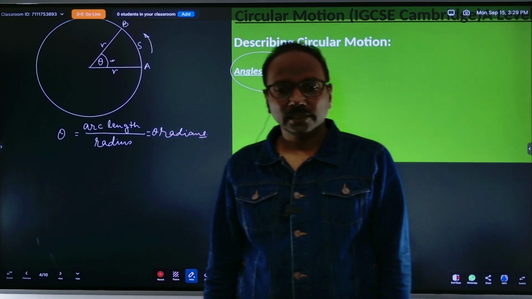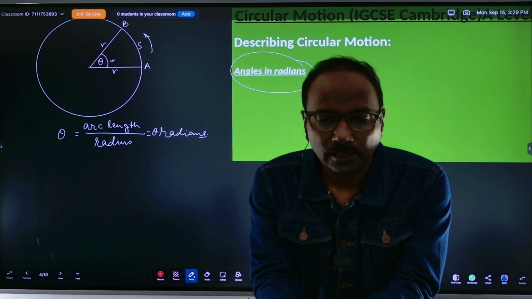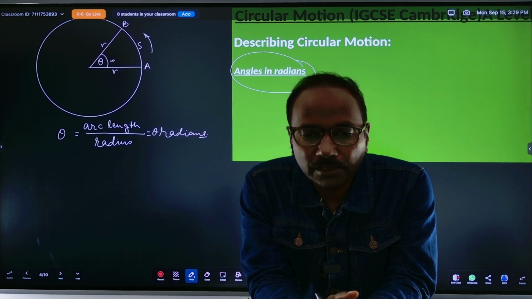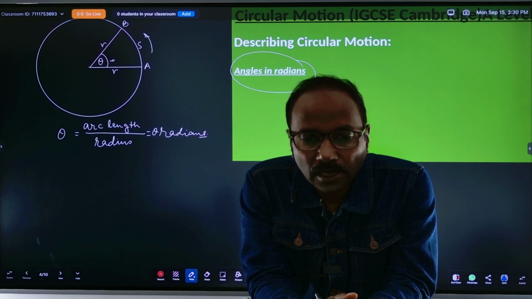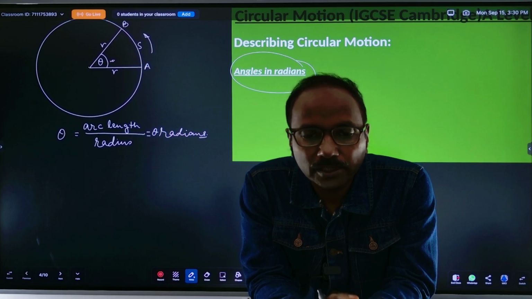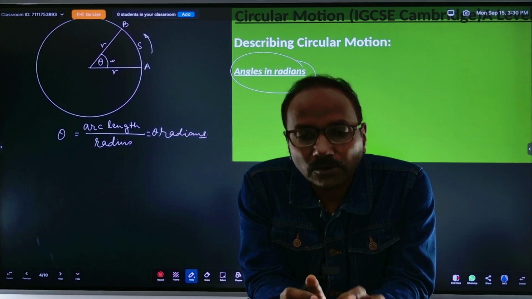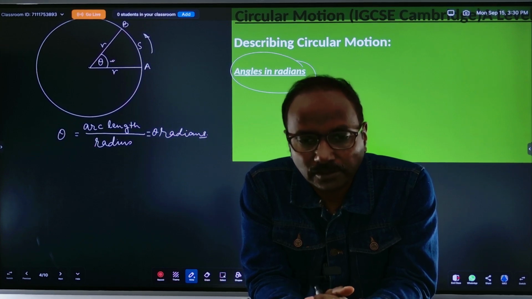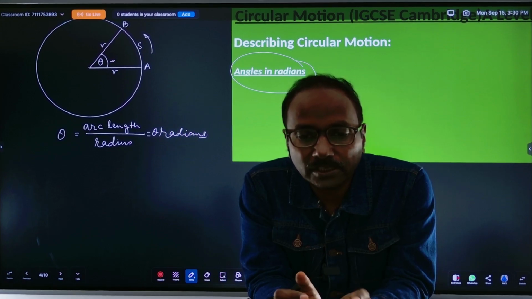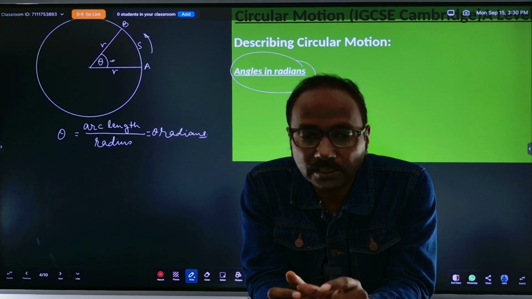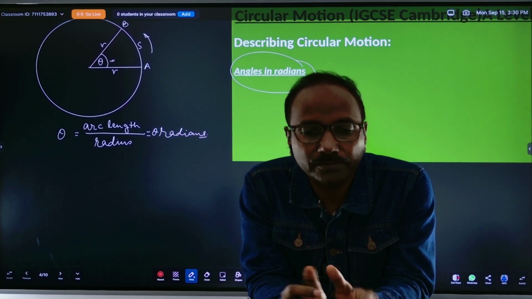So radians is basically, if you express in words, the ratio of the arc length through which the particle moved divided by the radius of that circle, of which this arc was a part.